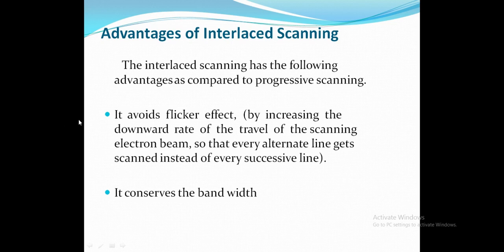So here the flicker effect will be avoided by scanning the alternate lines, each and every alternate line, not successive lines. So by scanning like that, what happens? We are able to avoid the flicker effect. Okay, and also it conserves the bandwidth.